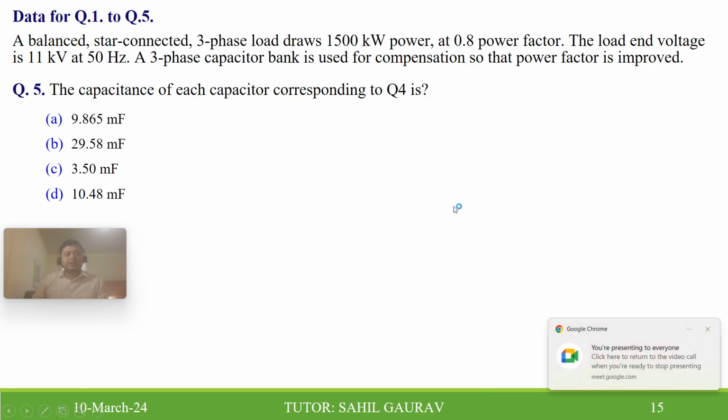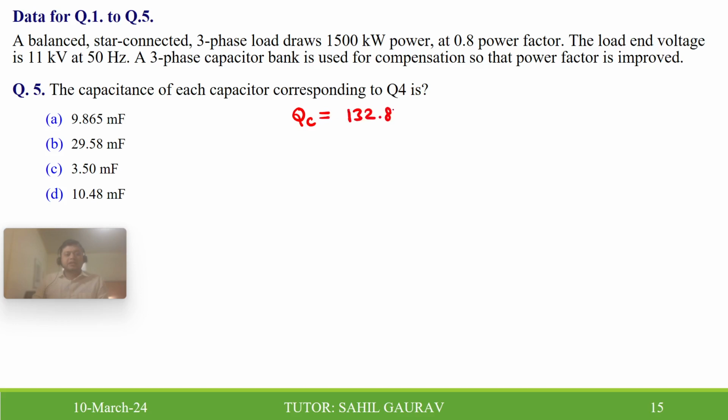Now moving to the next problem. The capacitance of each capacitor corresponding to question 4. So now we have found the reactive power being supplied by each capacitor, which is 132.83 kVAR. This data I have provided you. Now we have to find the capacitance of each capacitor.